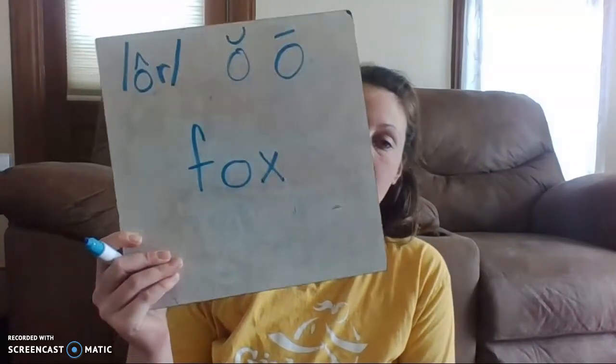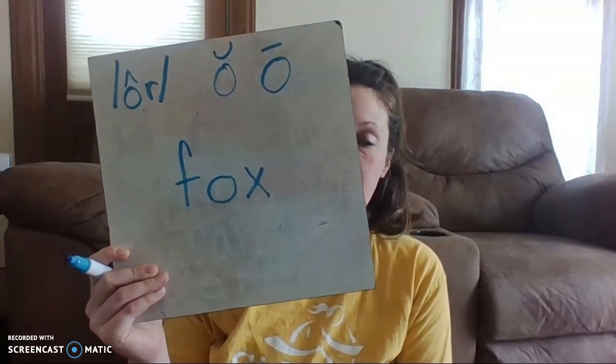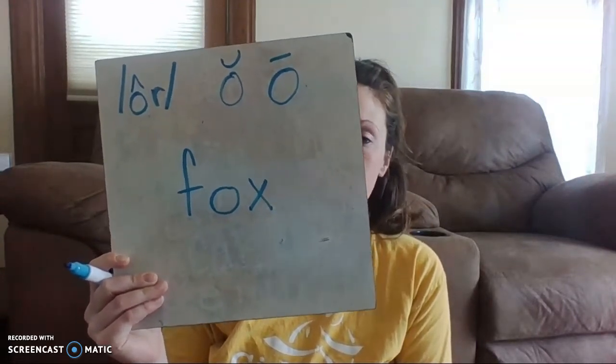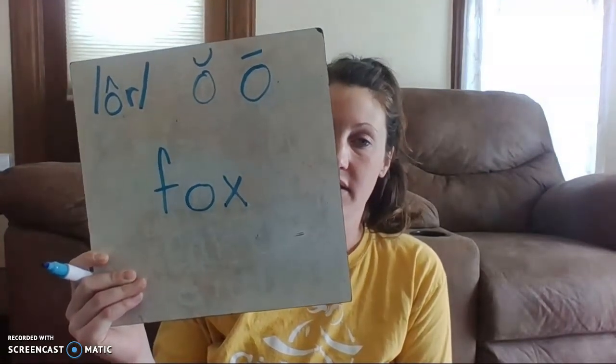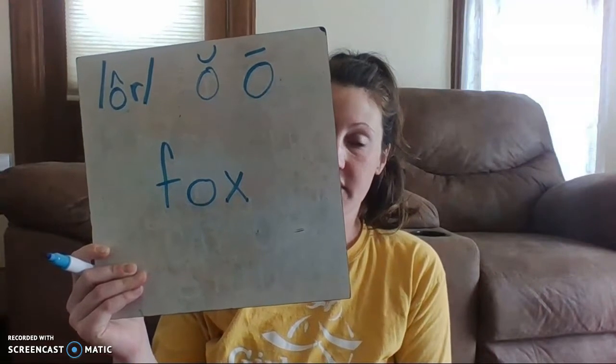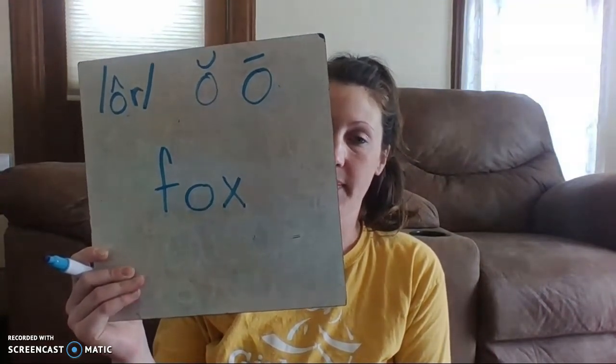All right. I'm going to write a word on my whiteboard, and I want you to sound it out and tell me what kind of vowel sound it is going to make. Is it going to make an R controlled sound, a short vowel sound, or a long vowel sound? So if it were R controlled, we'd need the letter R, so it's not going to be that.